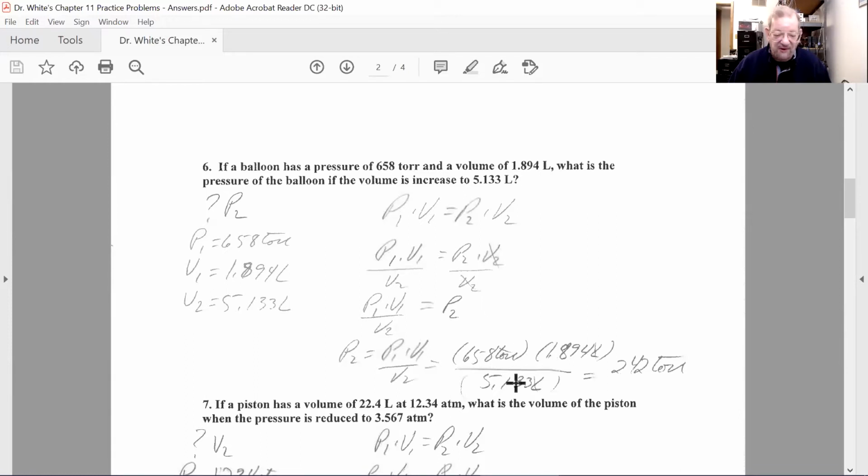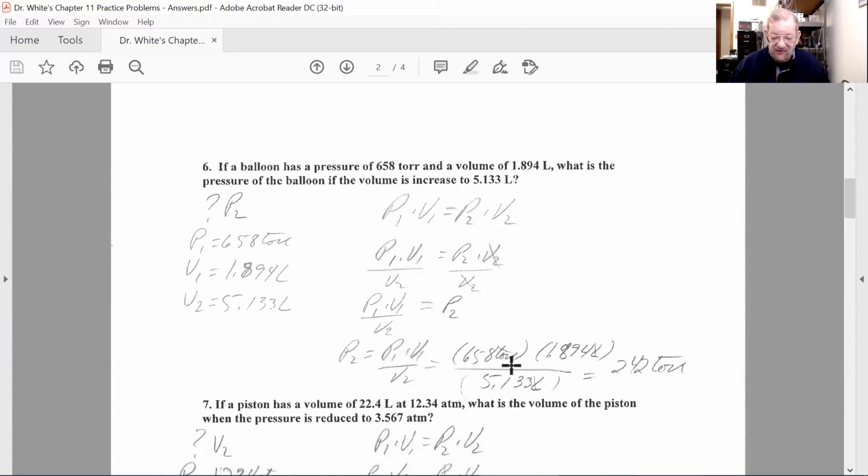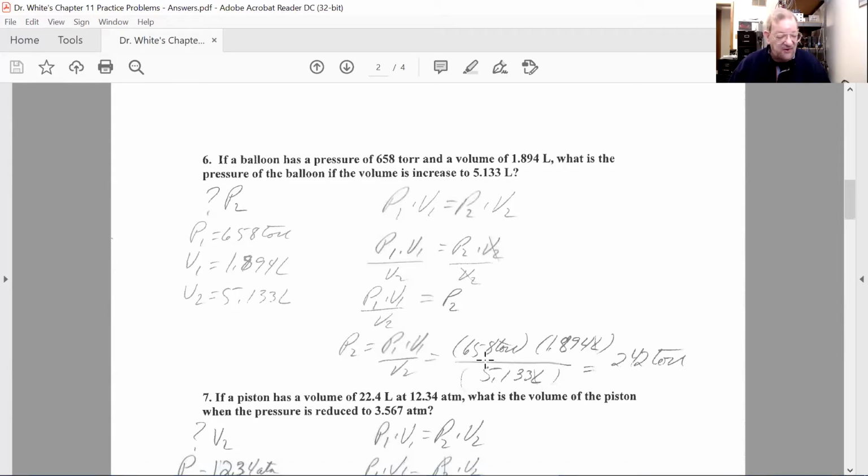What's the lowest number? And time's up. It's 3, which is why our answer has 3 significant figures. Notice liters divided by liters, the units cancel out, and I'm left with torr. And unit analysis, again, is your good friend to make sure that you are on the right track.